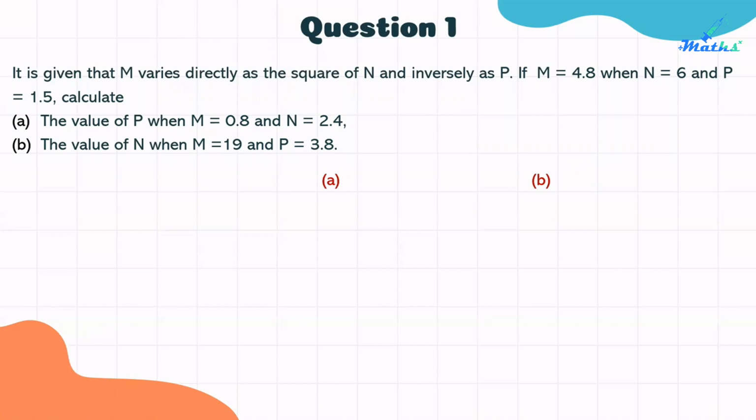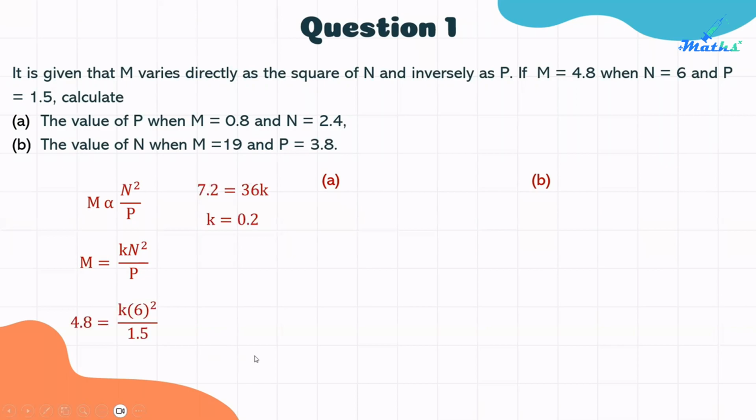Let's calculate the value of k first. m varies directly as the square of n and inversely as p, so the equation form becomes m equals k n squared over p. Our m is 4.8, n is 6, and p is 1.5, so our value of k is 0.2.